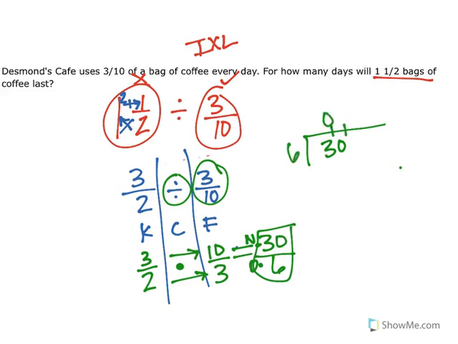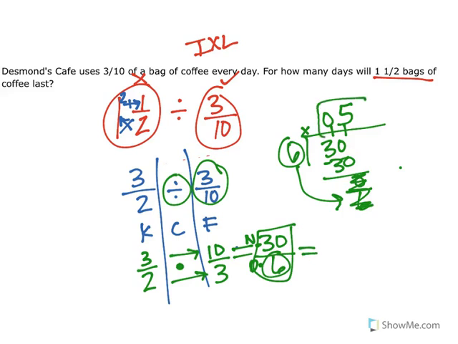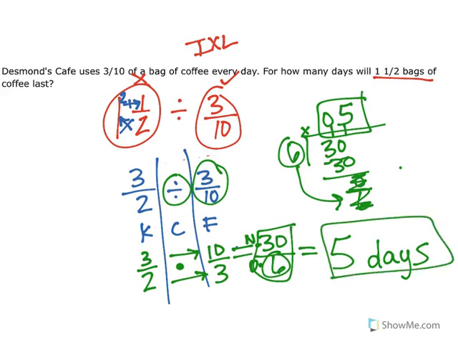All right, 6 can go into 3, 0. 6 can go into 30, 5 times. 6 times 5 is 30. I have 0 left. Is it necessary for me to bring the denominator down in this case when you have 0 out of 6? No, that's not necessary. So my final answer is 5 whole days. So this will last for 5 days.